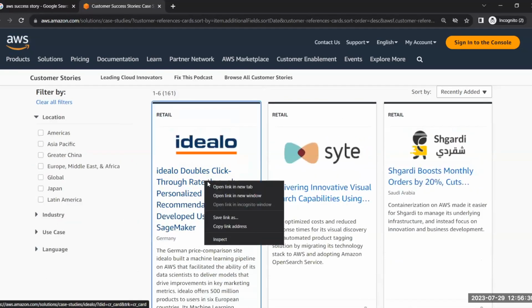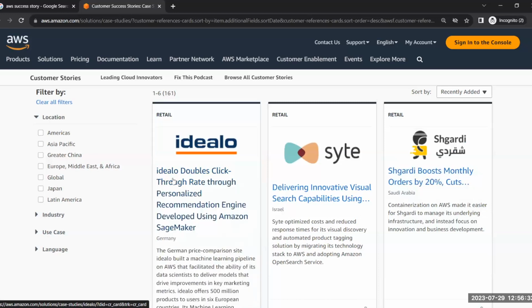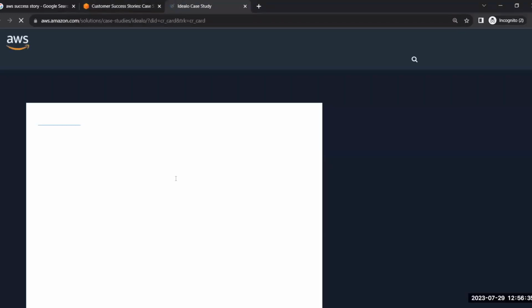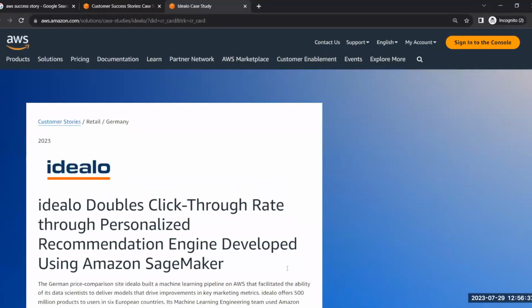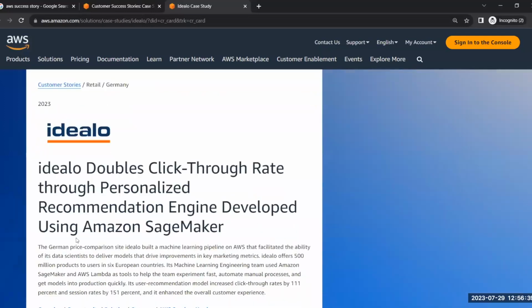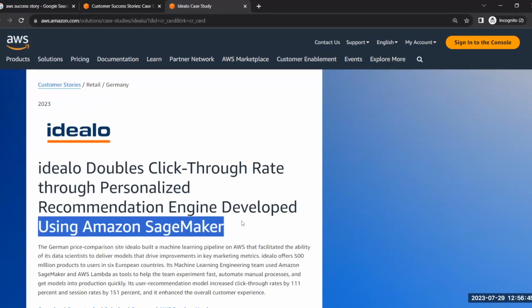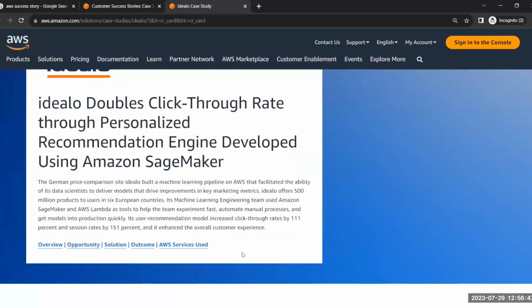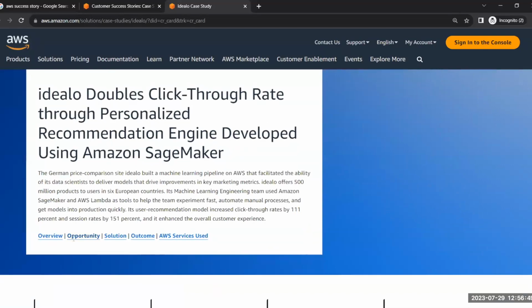Okay, and this is the project. So what they are doing here is telling us how they solved their problem using AWS's service called SageMaker. Opportunity, solution.